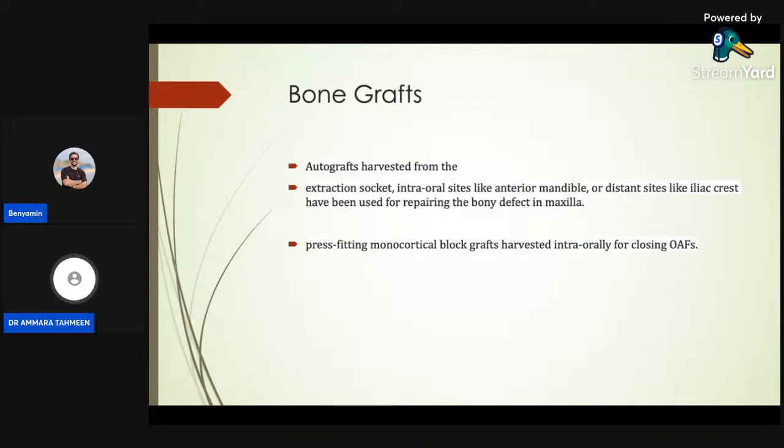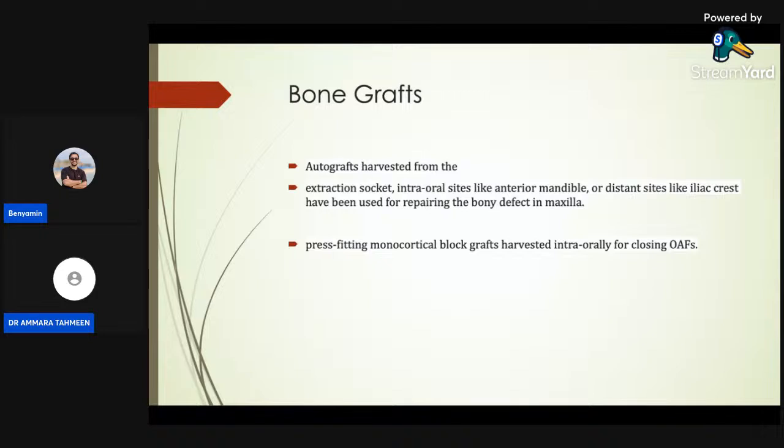The most commonly used bone grafts are autografts harvested from your extraction sockets or adjacent tooth areas. Intraoral sites like the anterior mandible, that is the anterior border of the ramus, are among the most commonly used sites for harvesting autograft. Or distant sites like the iliac crest have also been used for repairing bony defects in the maxilla.